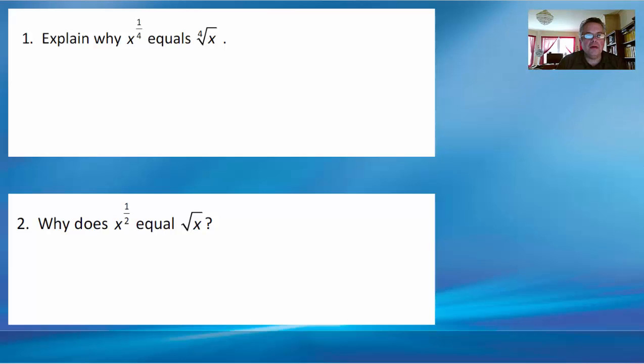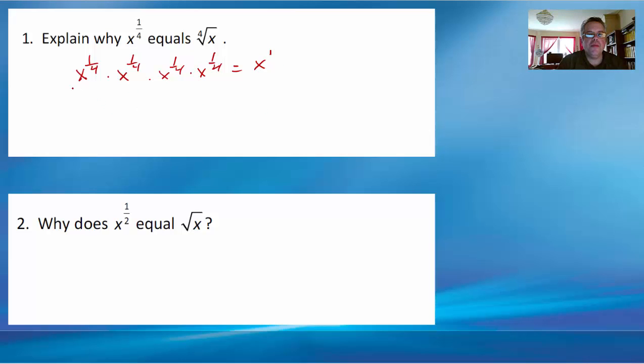First, you have to explain why x to the 1/4 equals the fourth root of x. So we have to be able to explain why this makes sense. Well, it makes sense because if you multiply x to the 1/4 times itself 4 times, you will get x to the 1/4 plus 1/4 plus 1/4 plus 1/4, which is 1.